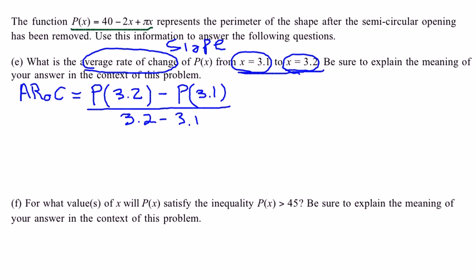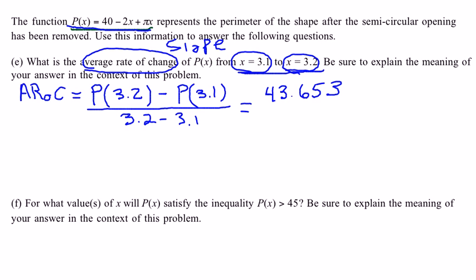Now, all I'm going to do is substitute 3.2 for every value of x in this function p of x. Once I do that, you could stop the video and find out for yourself. This will give you 43.653.